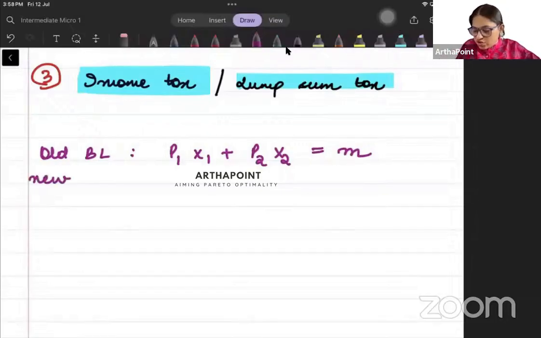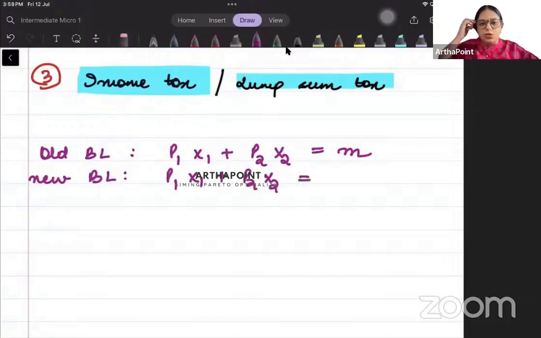And our new budget line becomes P1 x1 plus P2 x2 is equal to income minus taxes.